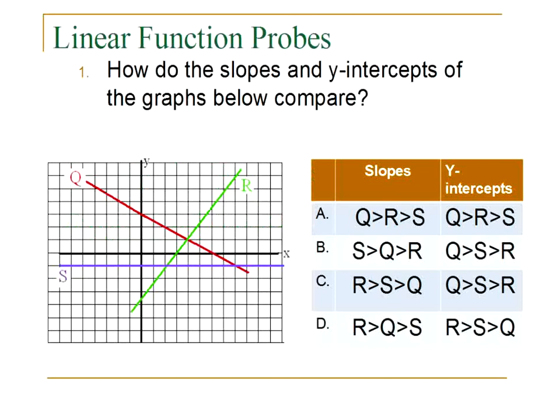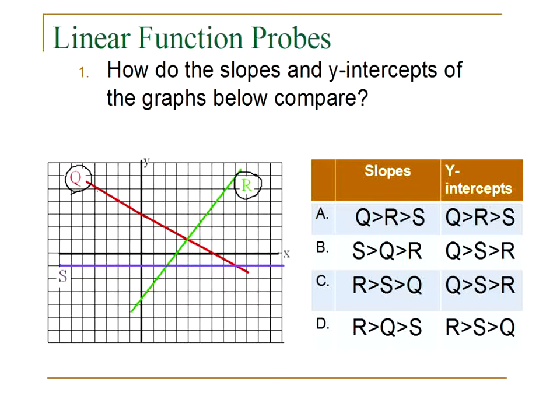So here, I have a multiple choice question where I'm asking you to compare the slopes and the y-intercepts of the graphs below. And so what we can see here is that I clearly have three different slopes. I don't need to calculate these slopes. I see that the slope of r must be a positive value, and that's because the graph is increasing, whereas the slope of q must be negative.